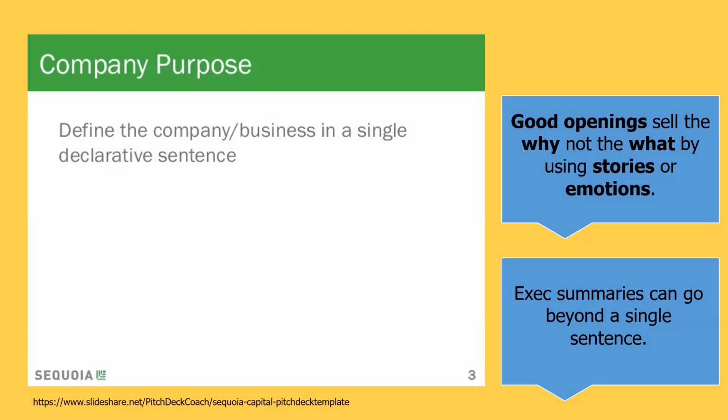When you're presenting a PowerPoint to a firm or a group of angel investors, make sure it's a clear and concise statement. But in executive summaries, like I said, you can go beyond the one sentence power statement and dig into that. You've probably heard in startup land the idea of an elevator pitch, and that is often what you're putting on your company purpose slide.